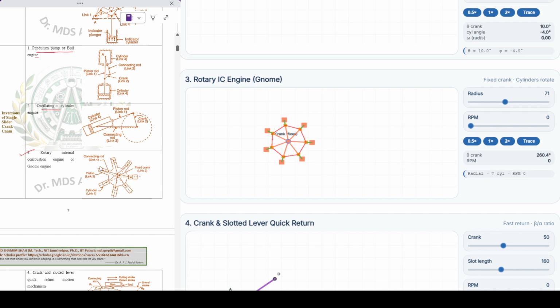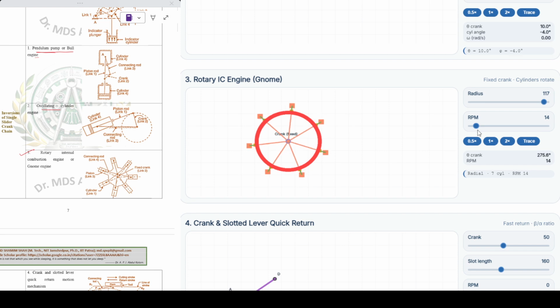You will find a number of cylinder pistons around, 1, 2, 3, 4, 5, 6, 7 like this. Similarly, you will find it here also. Now as you increase the RPM, this is the trace mark or path. What is the radius here?